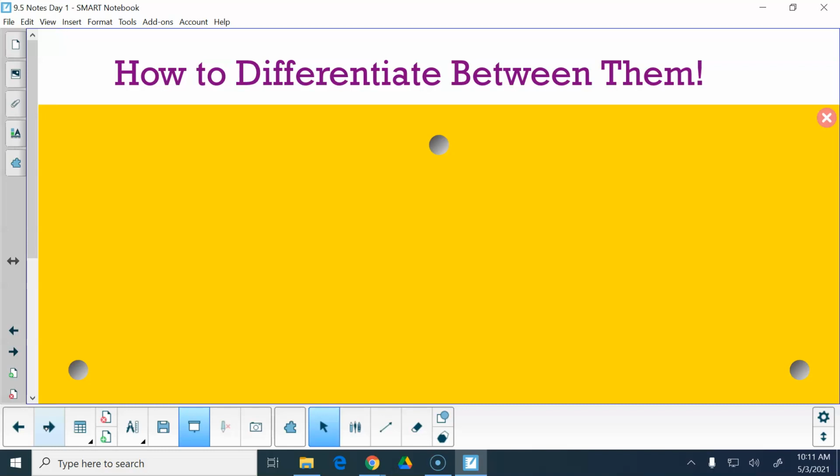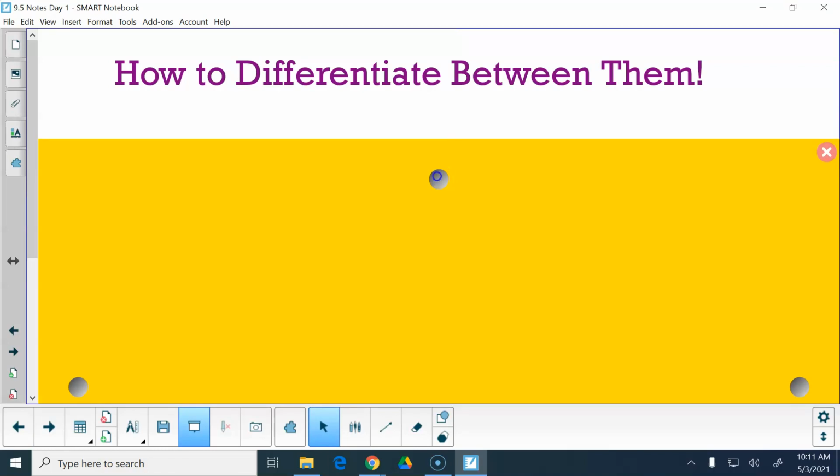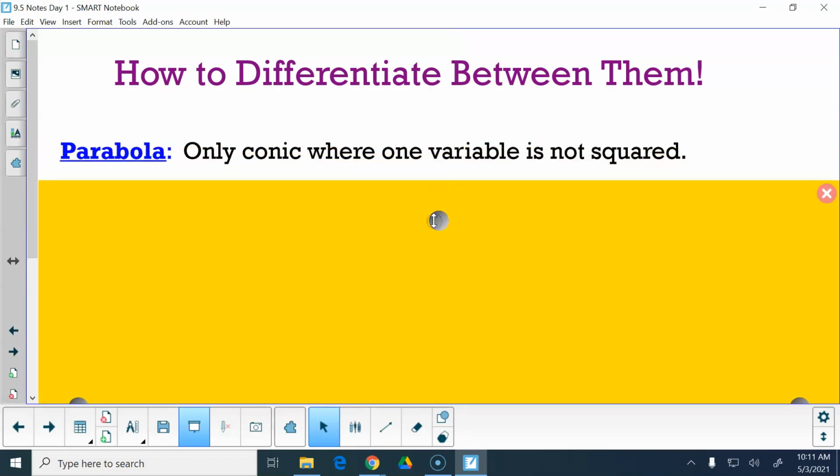There are 2 really good tells. Really, there are 3 total, but there are 2 obvious ones. The first tell, and you definitely want to write this down: a parabola is the only conic that has only one squared term.